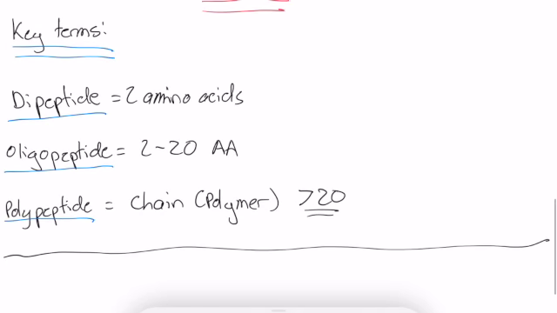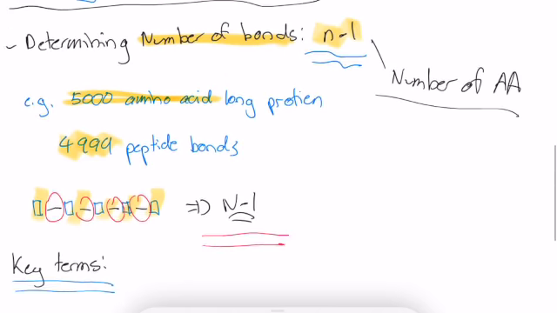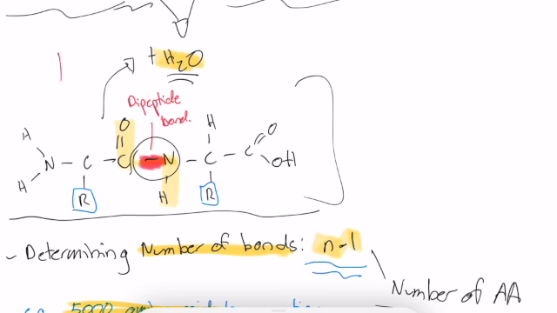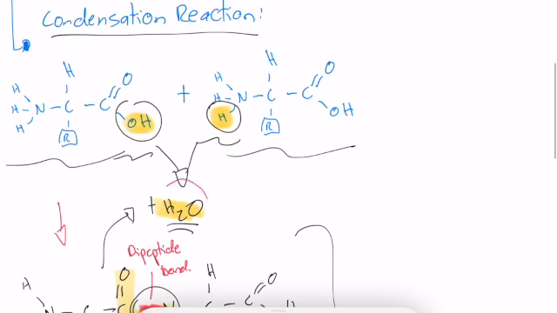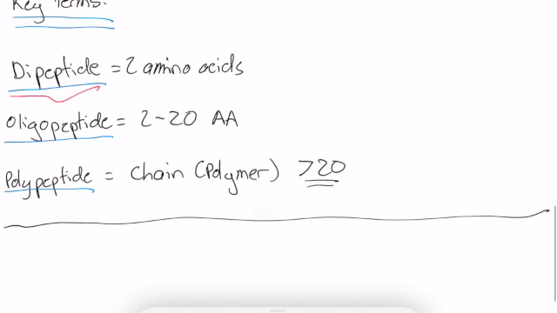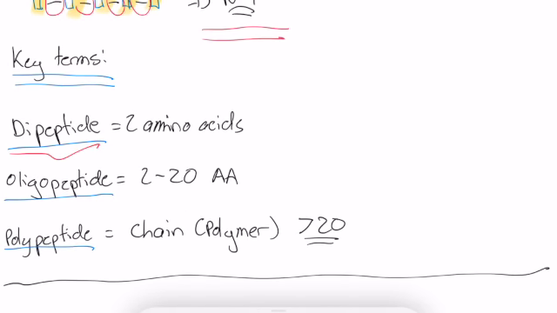Some important key terms surrounding amino acids are as follows. We have our dipeptides, which I talked about earlier in terms of that dipeptide structure with that water forming here. Next up, we have oligopeptides, which are your 2 to 20 amino acids, so much larger than your typical dipeptide.